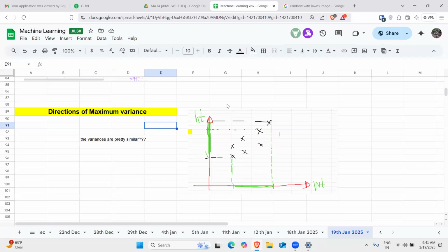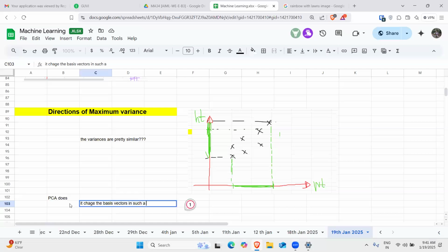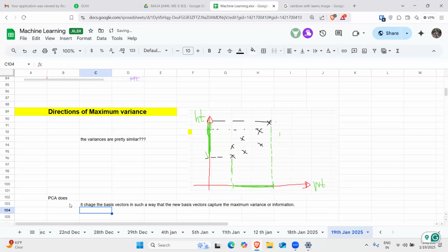It changes the basis vectors in such a way that the new basis vectors capture the maximum variance or information.